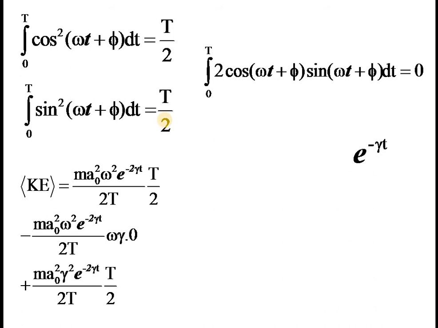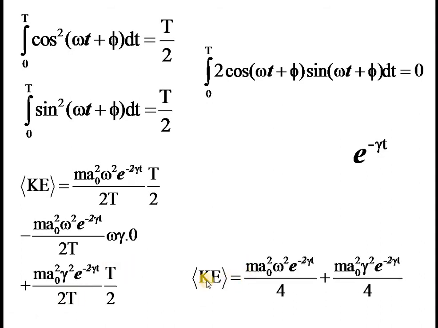In the previous equation we have done, for the average kinetic energy, we can substitute the values of cos square omega t, 2 cos omega t sin omega t, which is 0, and the last term sin square omega t, which is t by 2. By doing this, t cancels, the middle term becomes 0, and in the last term also t cancels.